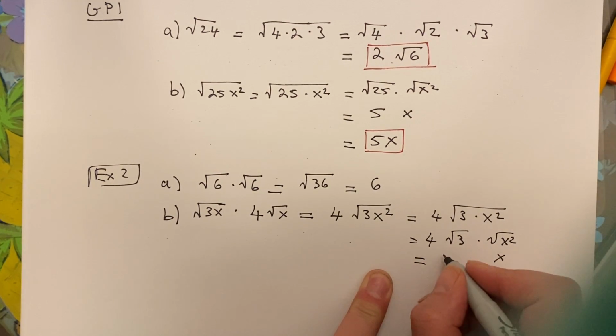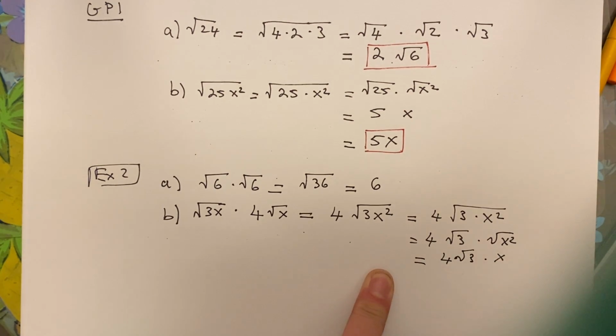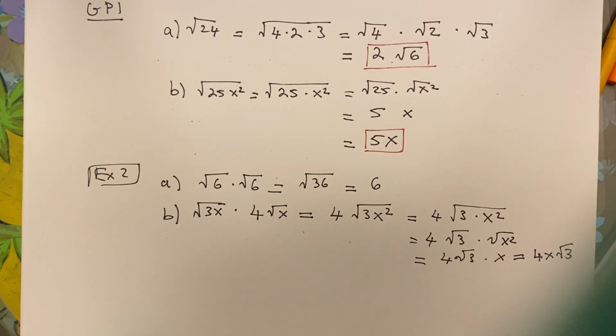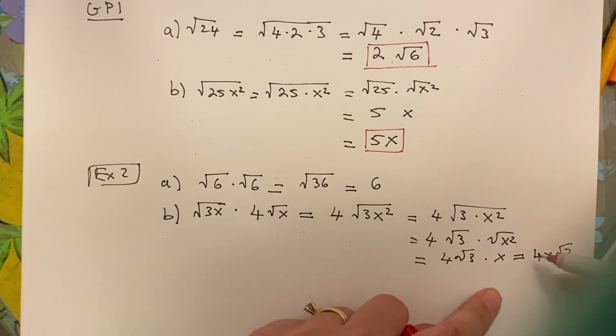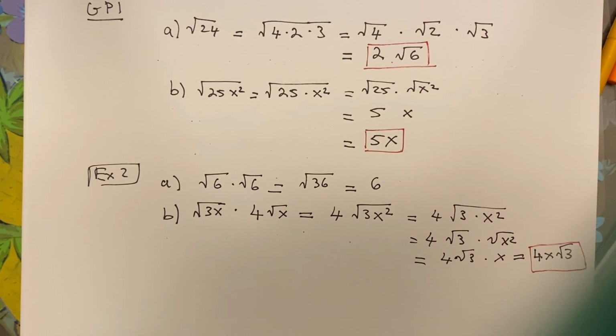And we're left with 4 times the square root of 3 times x. And convention says that the x should go after the 4 and in front of the square root of 3. That's the proper way to write it. And so our answer is 4x square root of 3.